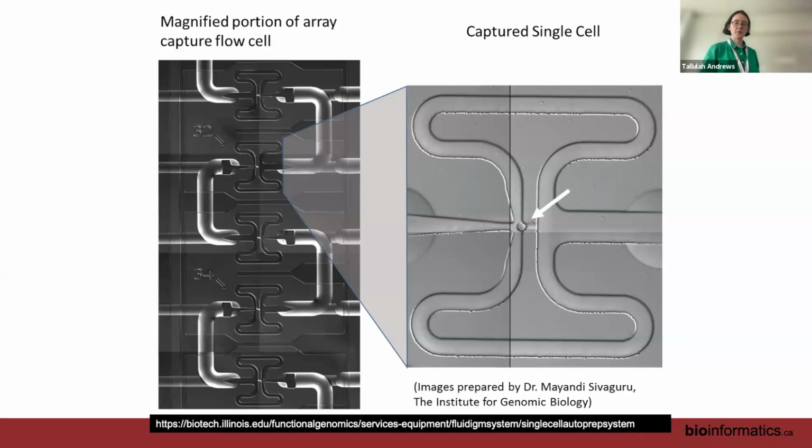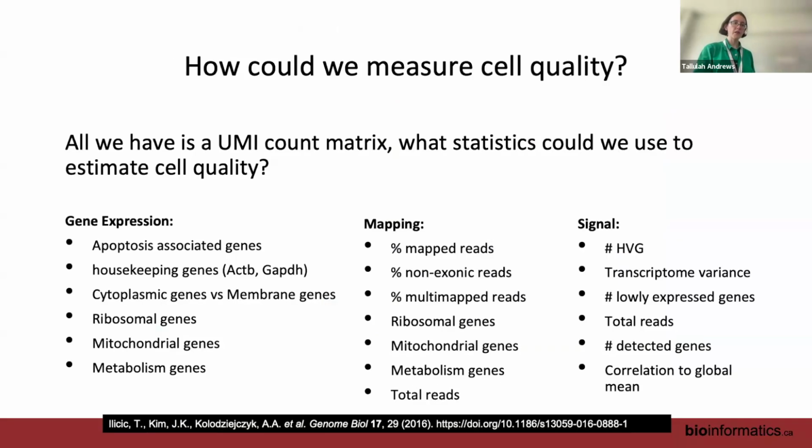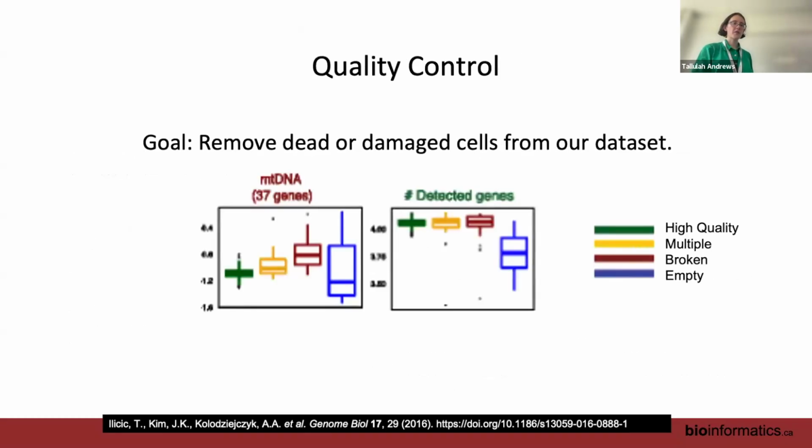Was there actually a cell there? Was that cell damaged? Then you could test what statistics can discriminate between those cells that are dying based on the image and my RNA-seq data. So they took all of these different scores and compared them for their ability to predict whether the cell was broken, whether there were multiple cells captured at once, or whether there was nothing captured at all.